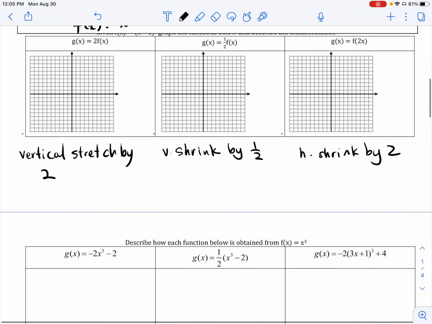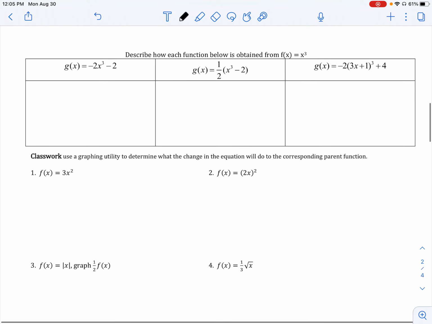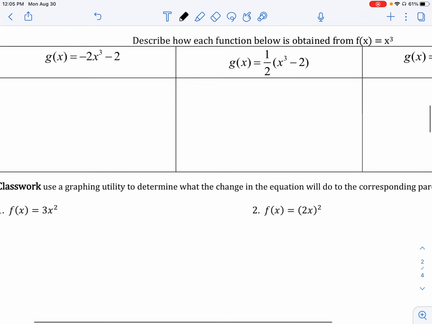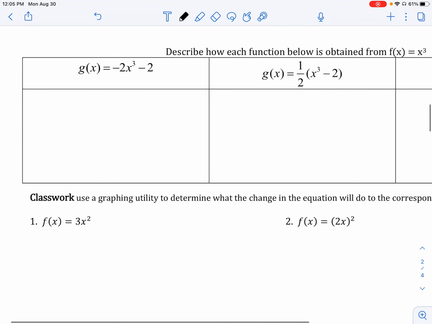Now let's look at some functions that appear to involve a number of different transformations. A few things I want to emphasize is that order does indeed matter. With that said, there are multiple ways that you can write these transformations and still arrive at the same transformed function.